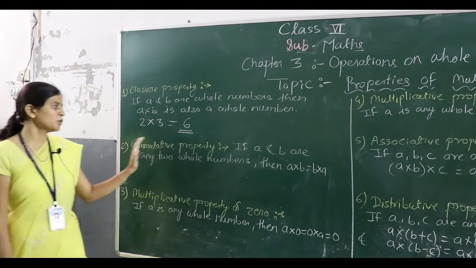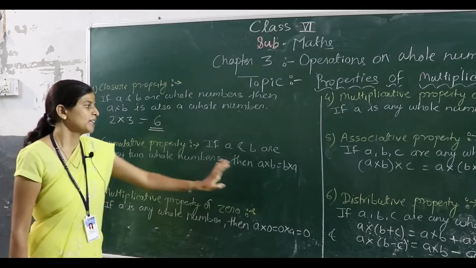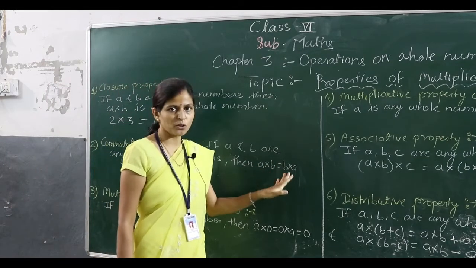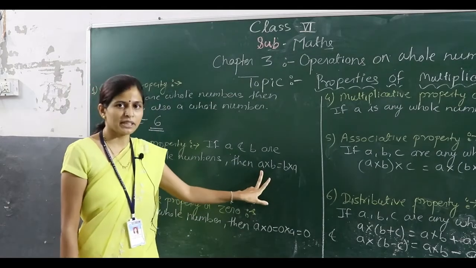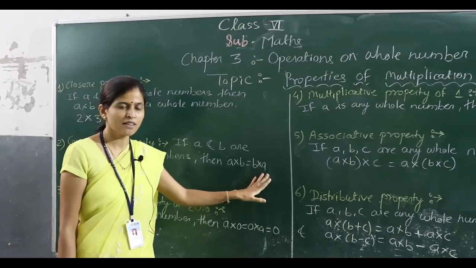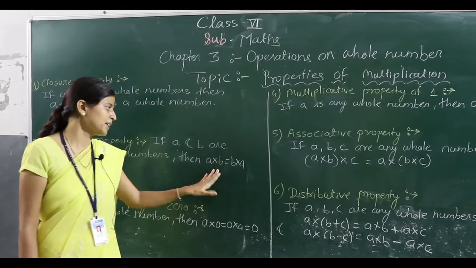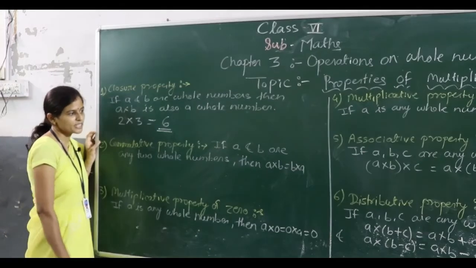Second property, commutative property. If a and b are any two whole numbers, then a into b equal to b into a. It means the commutative property holds good for multiplication like addition. In addition, a plus b equal to b plus a, we interchange the numbers. Similarly, in multiplication, if we interchange the numbers we also get the same answer.